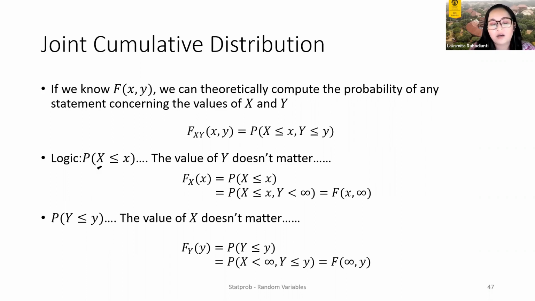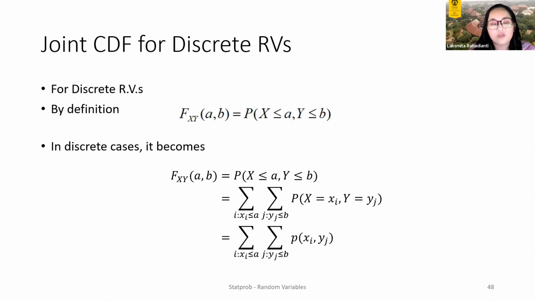So the F_X of a certain random variable would be the function of two random variables, where the other one is infinity.